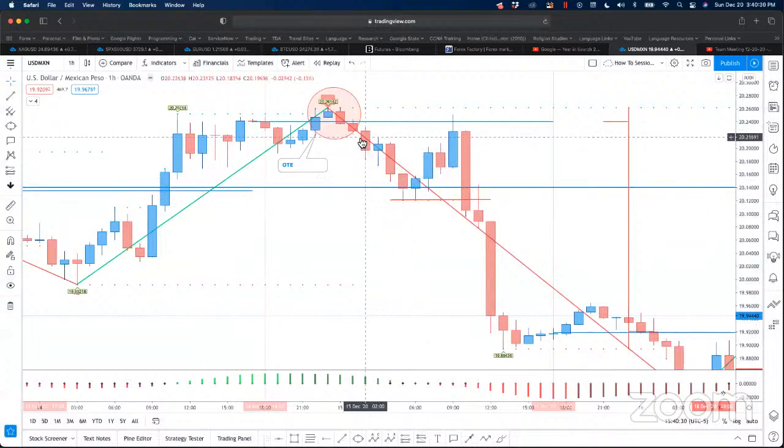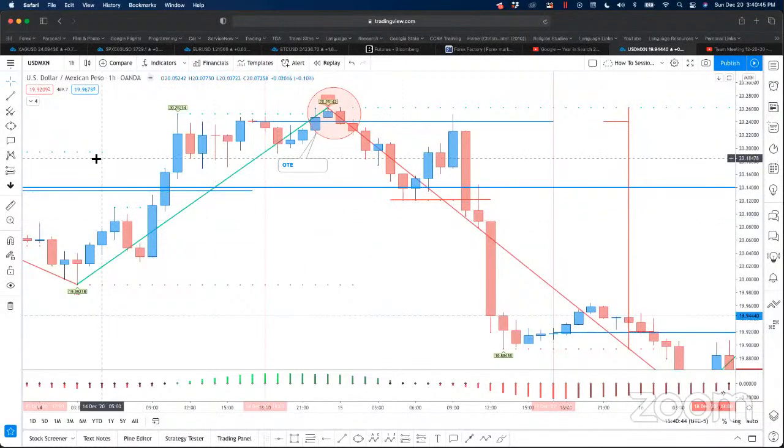There are new traders in the market. And this particular low was made during the time frame when there are more traders determining what's going on in the market. So you need to note this low.